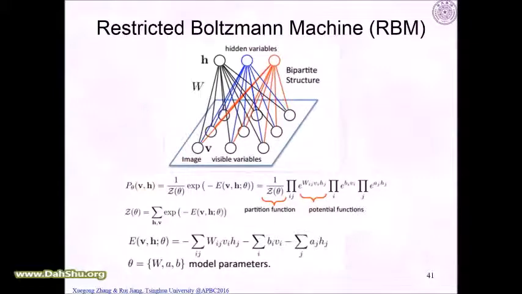Exponential of this we get this, right? And then we need to normalize it, of course. So this is just a very complicated probabilistic model, but no matter how complicated, it is a probabilistic model with some parameters.